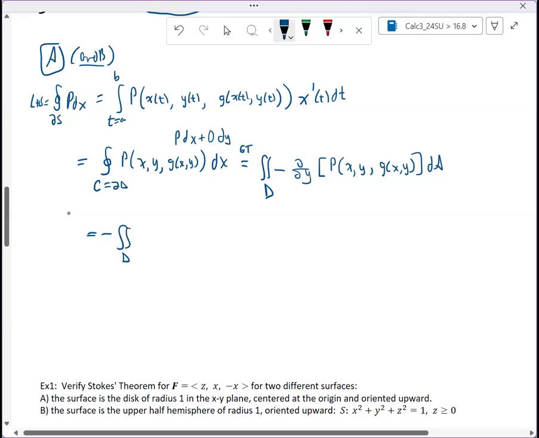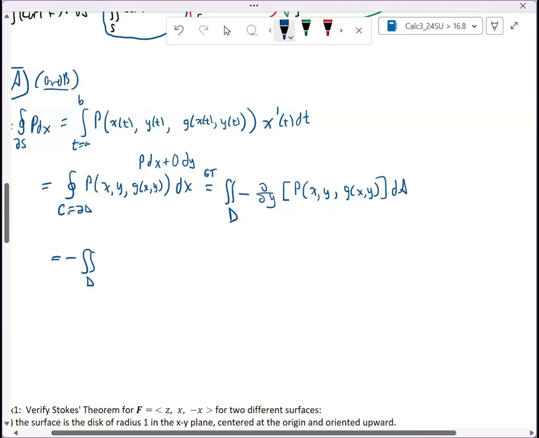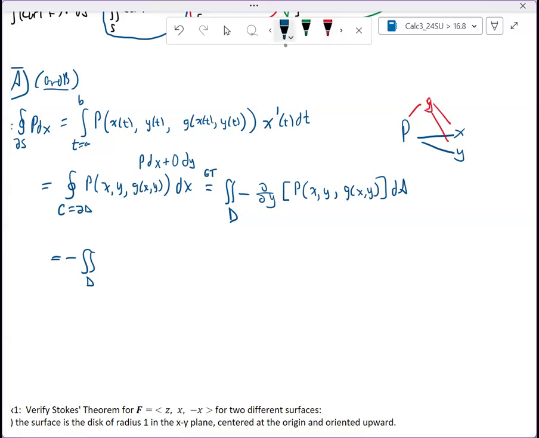Now I need to take the partial with respect to y of p. I have to be a little bit careful here because p depends directly on x and directly on y, but it also depends indirectly on x and y through g. That's a g, not a y. So taking the partial of p with respect to y, on one hand, I just get the straight partial of p with respect to y.